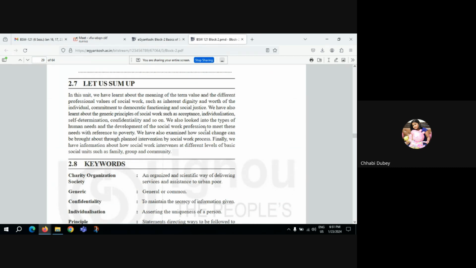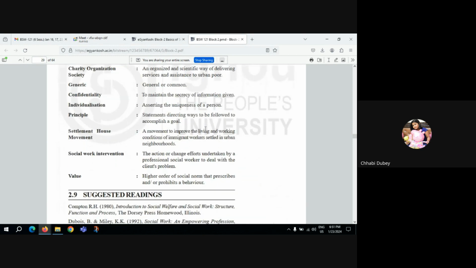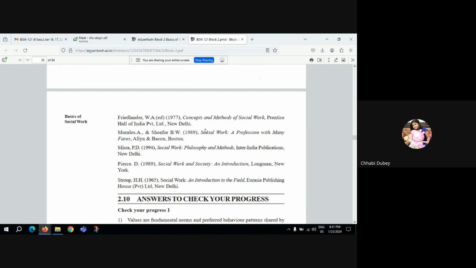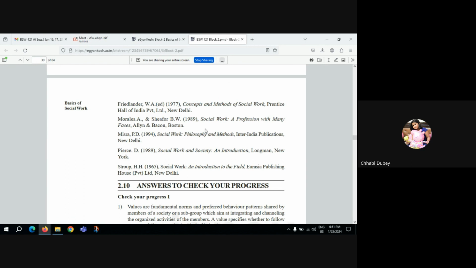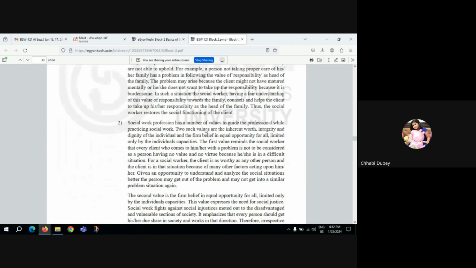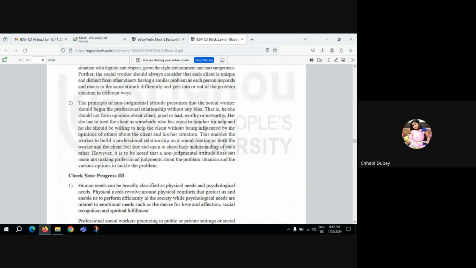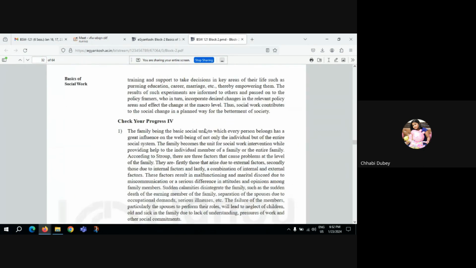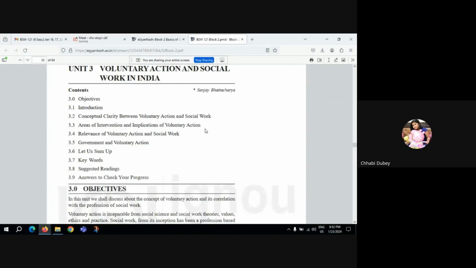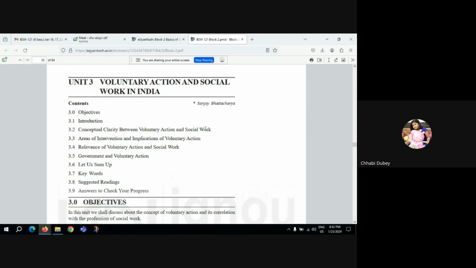So this is all about the second unit, where we have studied the basics of social work and the various services at various levels. Next is voluntary action and social work in India.